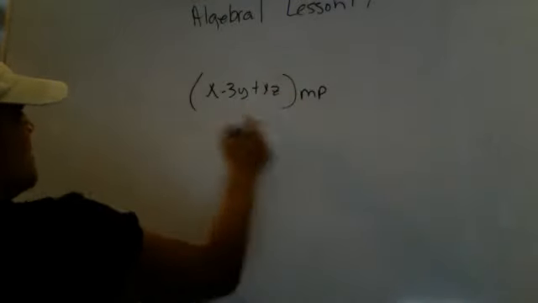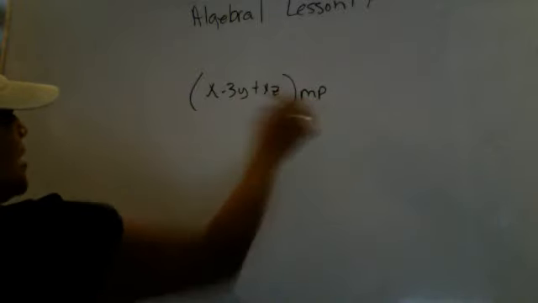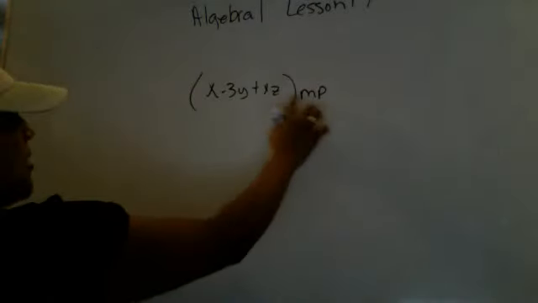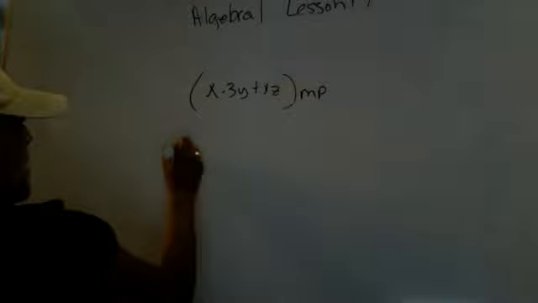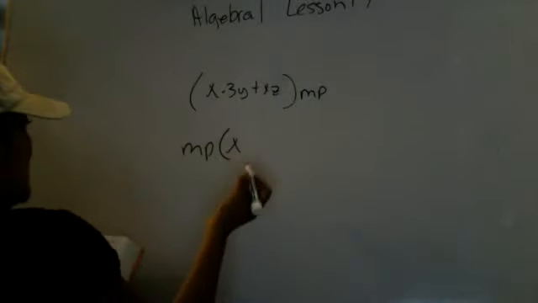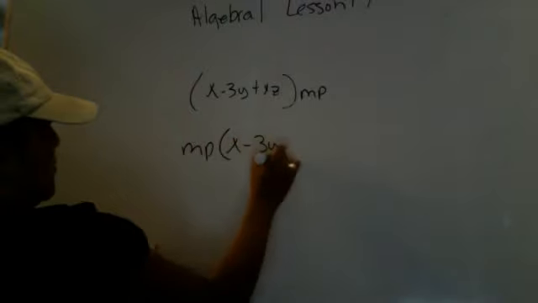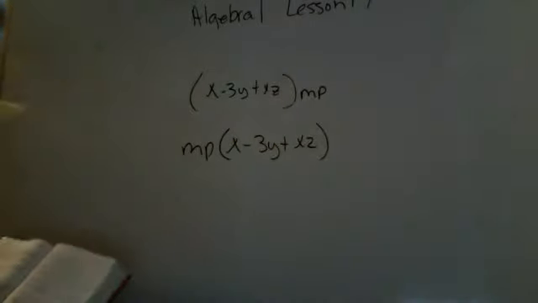Remember, this parentheses means everything inside of it is multiplied by anything touching it. So that means everything in here times m and p. And because of our commutative property of multiplication, I can rewrite this, right? So we said a times b is the same as b times a. It doesn't matter which order you do that, because of the commutative property of multiplication.